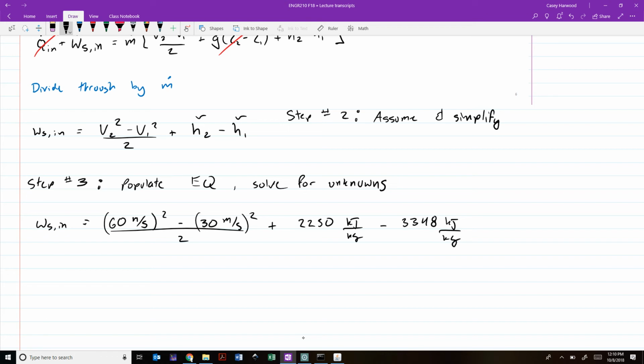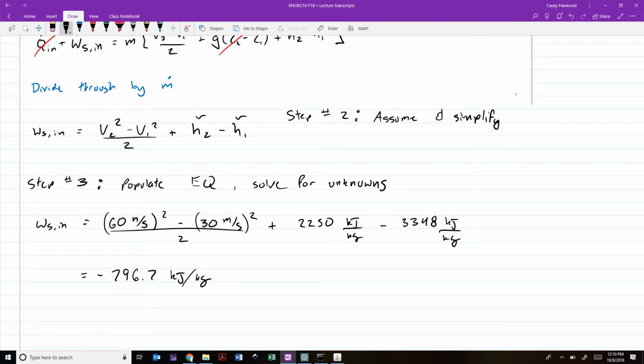And if you plug these numbers in, you should end up with negative 796.7 kilojoules per kilogram. Okay. What's that negative sign indicate? The work is coming out of the system. We've signed this as positive for work going in. Negative means it's work coming out.